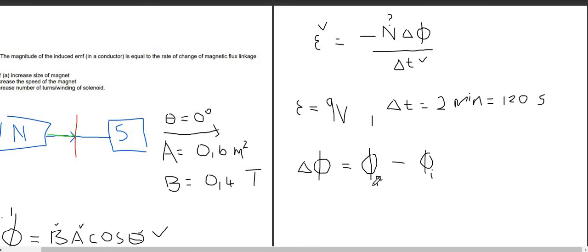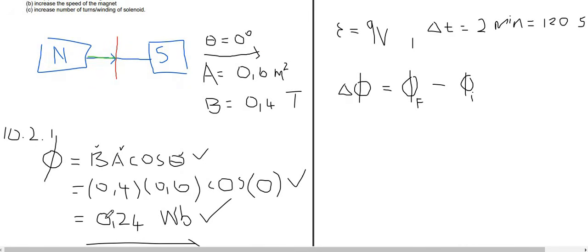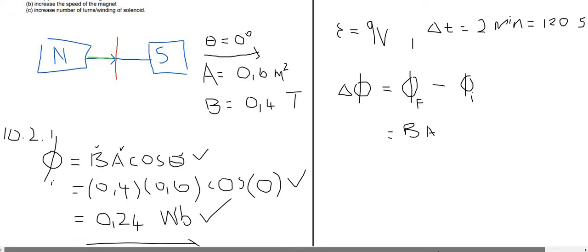the area was halved. And if you look in the previous question, we actually calculated that value. So this will be the initial magnetic flux. But for the final one, we will say, okay, it's just going to be the B multiplied by the area, which is now 0.3, multiplied by the cosine of the angle theta.